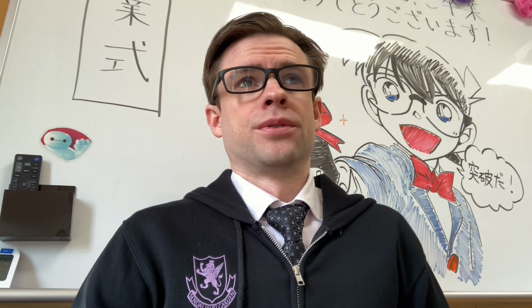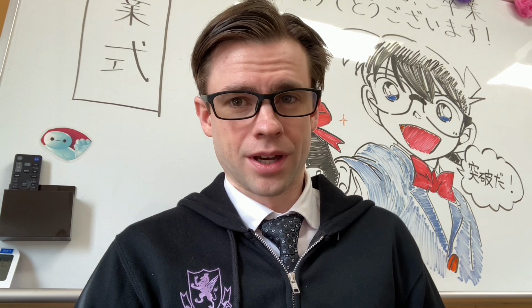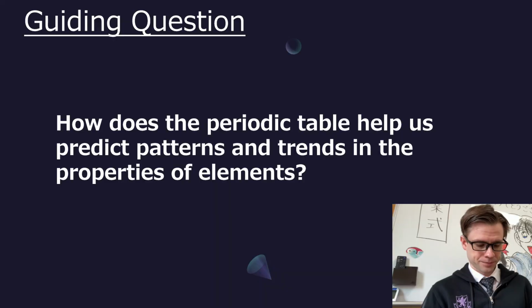And for the periodic table section that I finished last week, we didn't go over the guiding question, so let's start with that. So the question was, how does the periodic table help us predict patterns and trends in the properties of elements? So the periodic table was basically arranged first based on atomic mass and then atomic number, and it was decided to start and stop the periods and rows at certain locations based on what we now know is electron configurations.